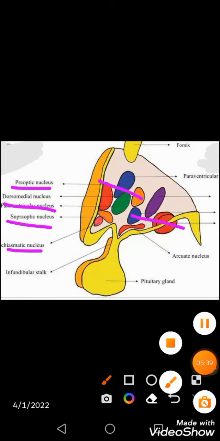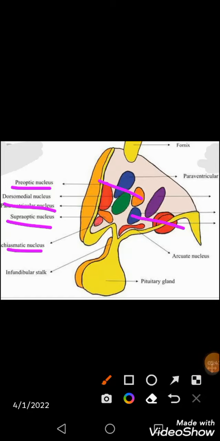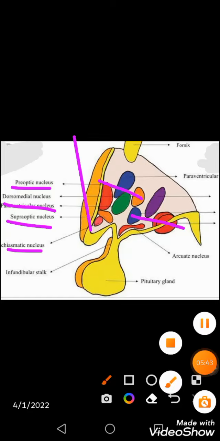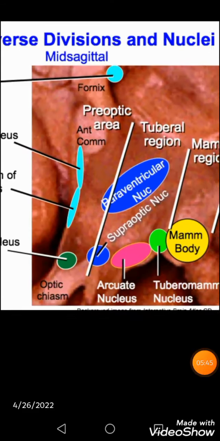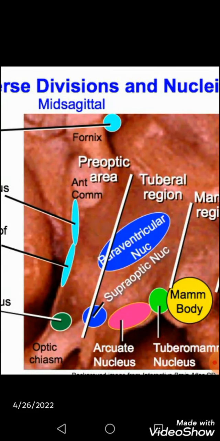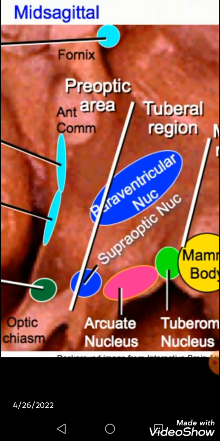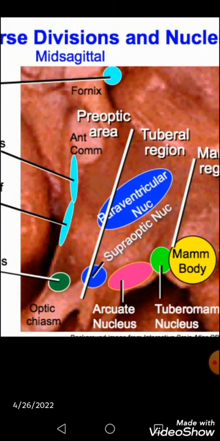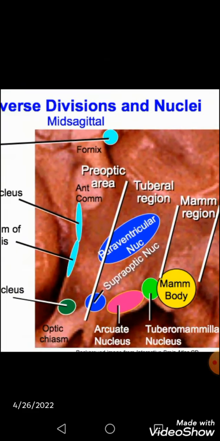All these are the nuclei concerned in the medial zone. One more nucleus that is present in the medial zone is the arcuate nucleus, which is also called the infundibular nucleus, right? And these nuclei do overlap and we will also see them in the lateral zone as well.